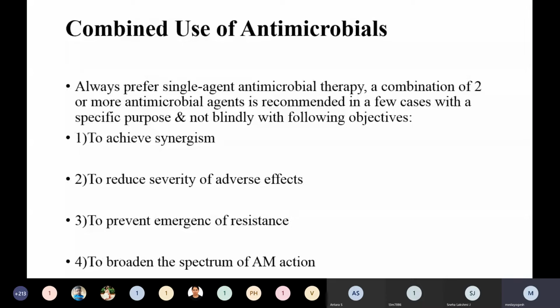As we know, we are already dealing with superbug, which is difficult to treat. And fourth one is to broaden the spectrum of antimicrobial action. So we'll see these different objectives a bit in detail.